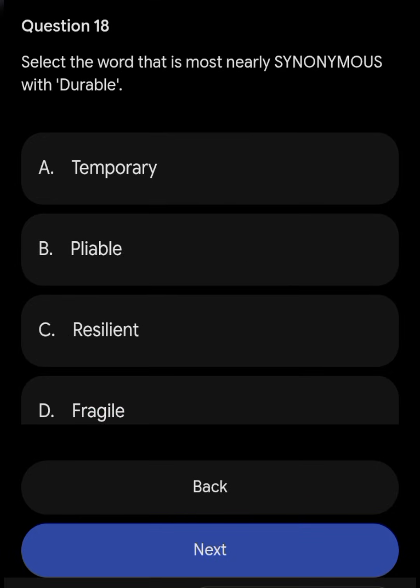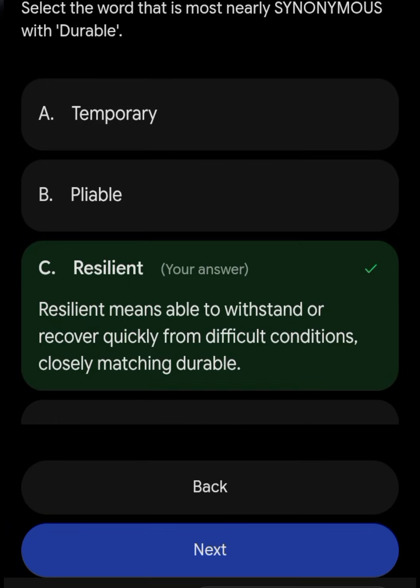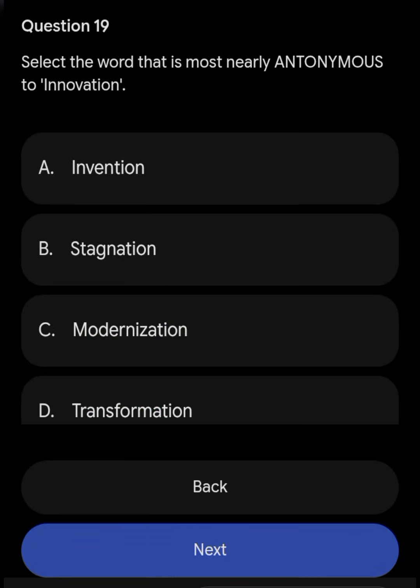Now the next question: synonyms of durable. It is a straightforward question. Durable means lasting a long time, and its duration is also long, so that is the right answer.